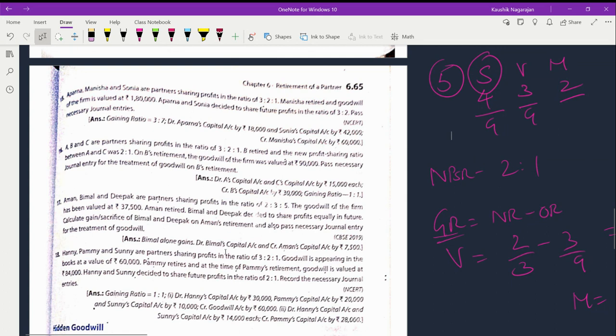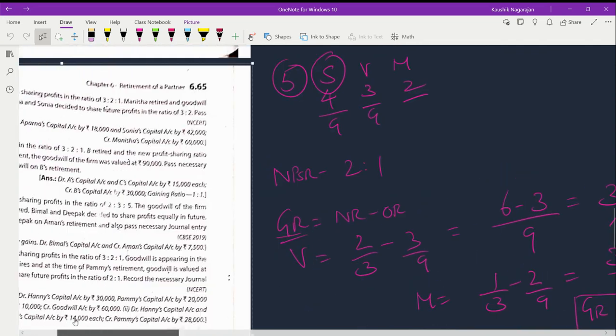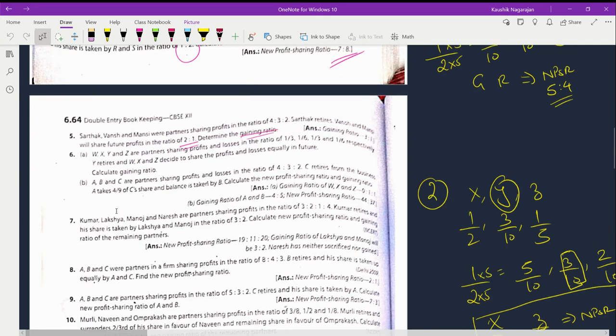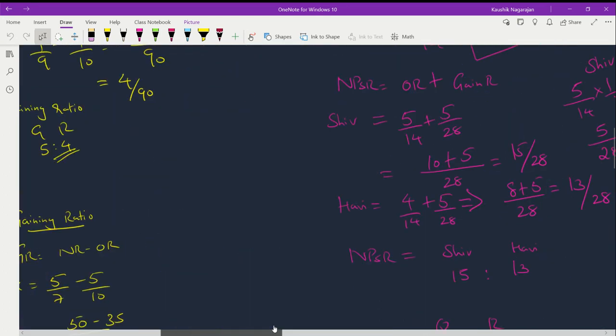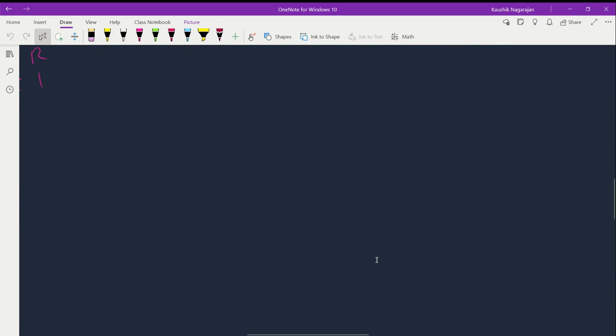The partners mentioned in the question are whom? Yes, in part B, it is A, B, and C. We are doing question 60, subdivision B, right? So according to that, A, B, and C are the partners given in the question.